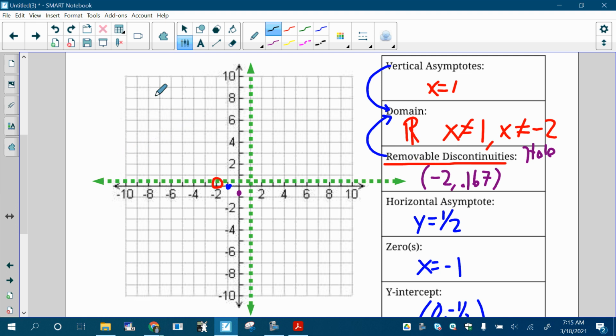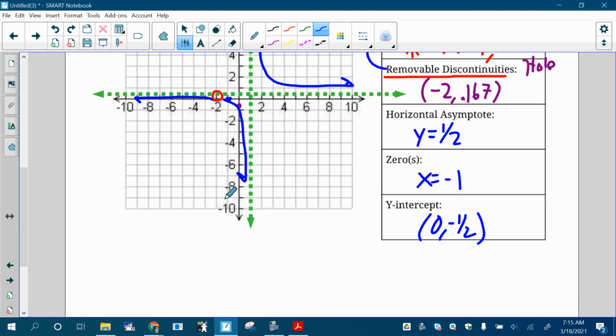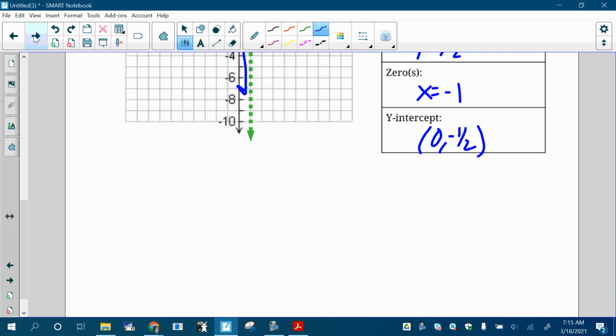Your graph's going to have that hole in it, meaning it's going to kind of go to that point. Going along, going along, going along, hits that hole, comes down here. And it's going to look somewhat similar up here. Toss it in Desmos to confirm, but that's kind of what the graph looks like. Just adding in this removable discontinuity idea, this idea of a hole.